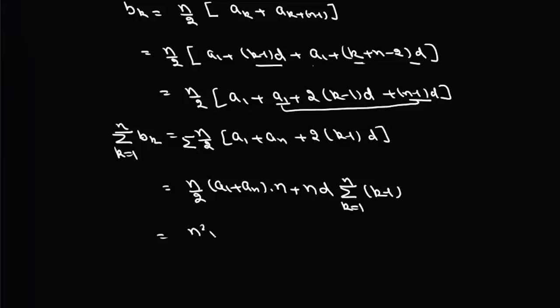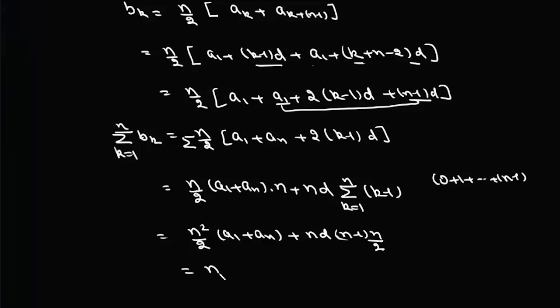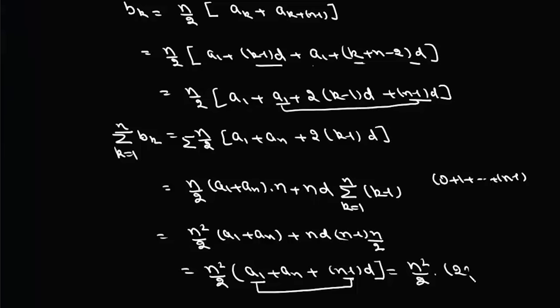So it will be n square by 2 (a1 + an), and here will be this nd, and this series is 0 plus 1 up to n minus 1, which is (n − 1)n by 2. What we'll do is we'll take n square by 2 common, and then we'll have a1 plus an plus (n − 1)d. Now a1 plus (n − 1)d again is an, so there will be n square by 2 into 2an.